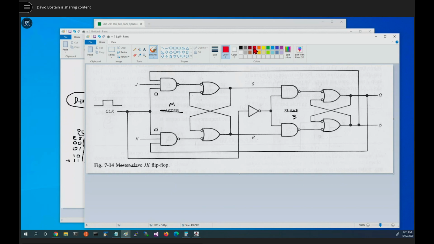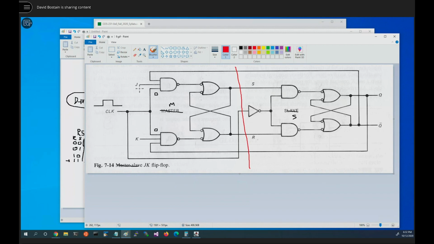The main first stage of this flip-flop is separated right about there. So this works just like a latch. It happens to have J and K, and we've said that J and K are going to have multiple functions here.